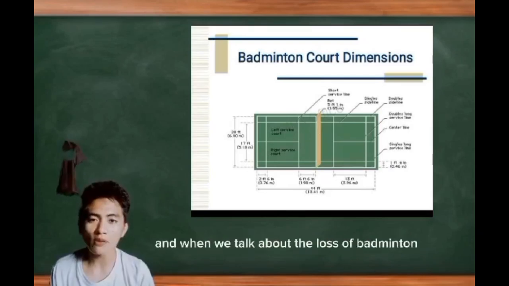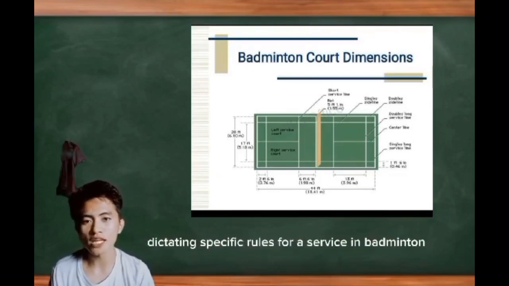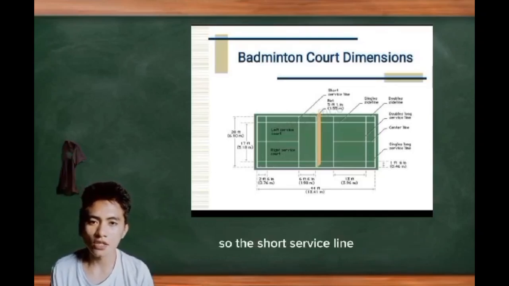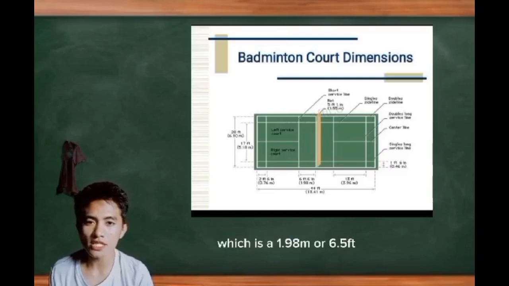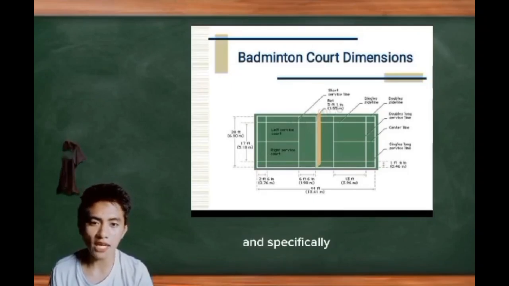When we talk about the laws of badminton dictating specific rules for service, the court has 2 service lines. The short service line is 1.98 meters or 6.5 feet from the net, and the long service line is 0.72 meter or 2.36 feet in from the baseline, specifically marked for this purpose.